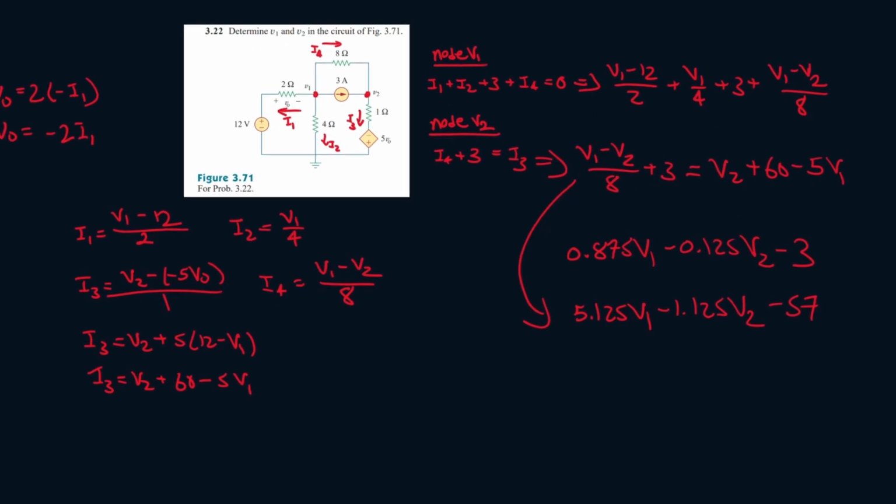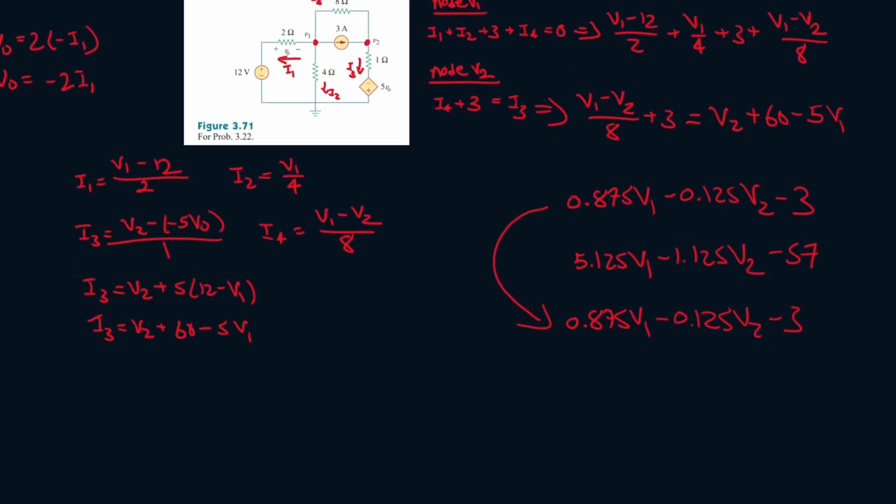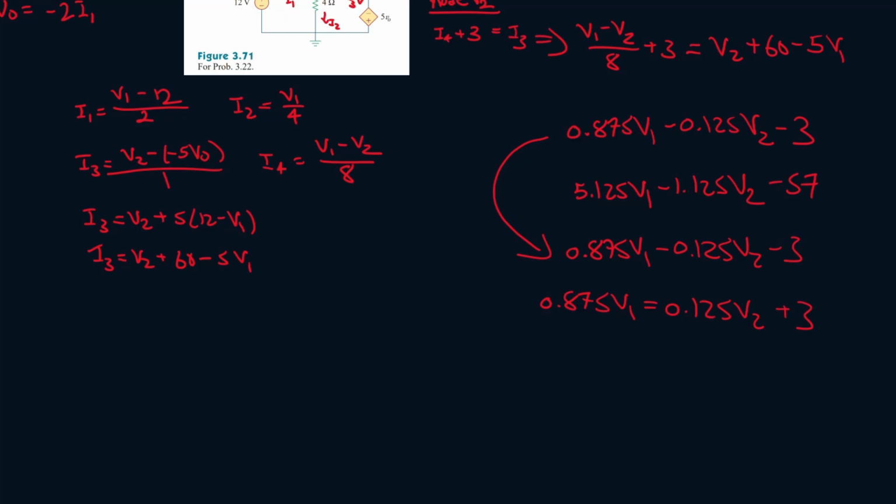All right. So let's take this one. 0.875 V1 minus 0.125 V2 minus 3. Let's bring all of these to the other side. So it'll be 0.875 V1 equal to 0.125 V2 plus 3. Divide both sides by 0.875.